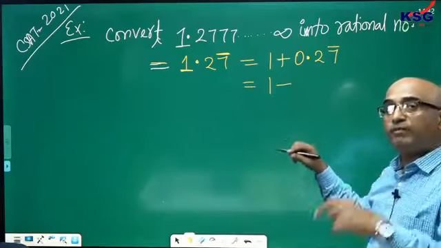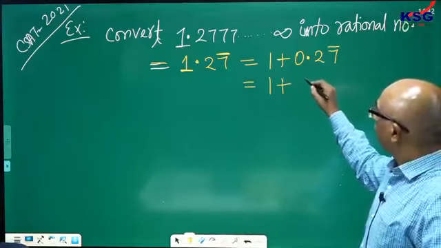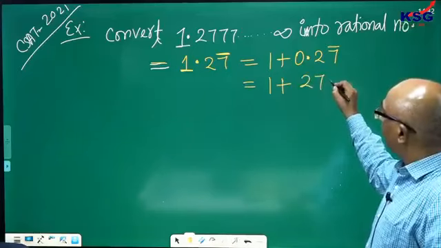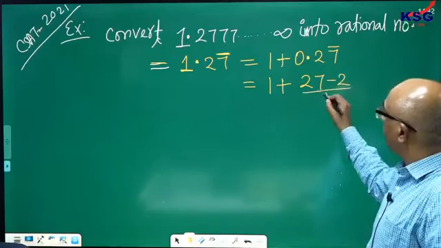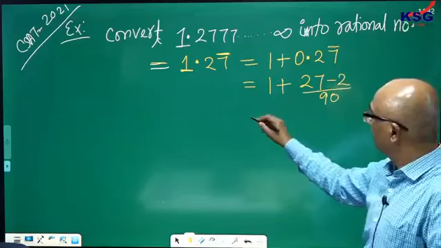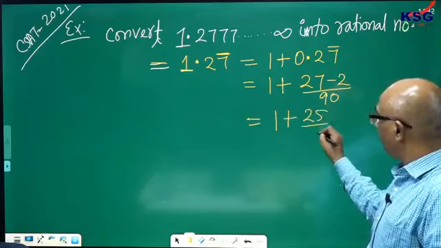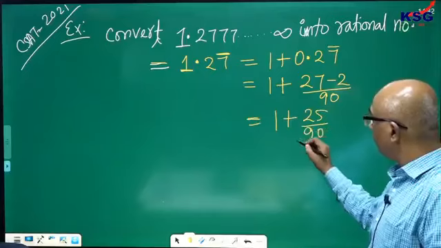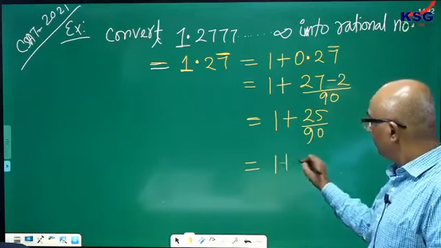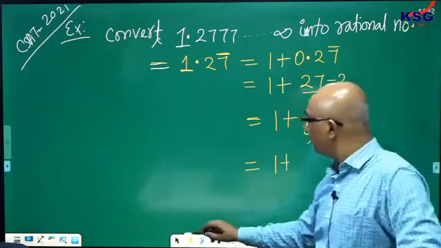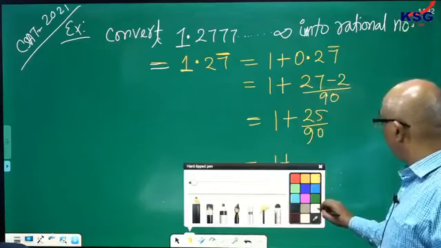Convert 0.27 bar into a rational number. So 0.27 bar is written as 27 minus 2 divided by 90. So this is equal to 1 plus 25 by 90.